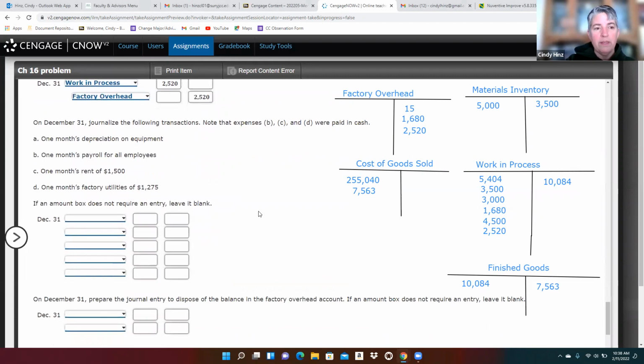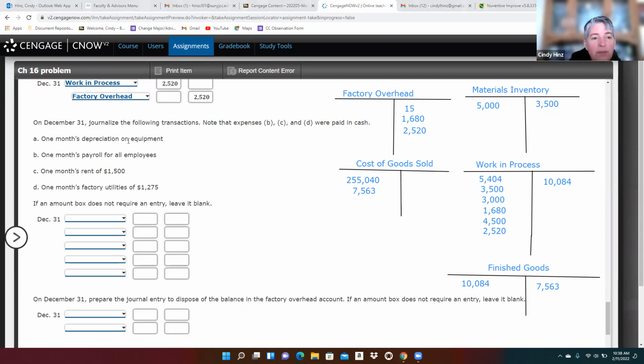Now this entry might be the most challenging of everything we do in this problem because there's so much information here. So we're going to take it one line at a time and think about how each one of these would be recorded. So let me get my annotate back up here.